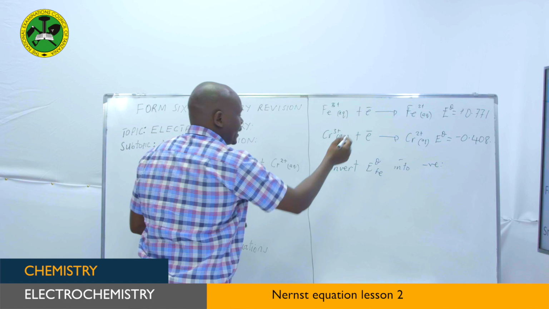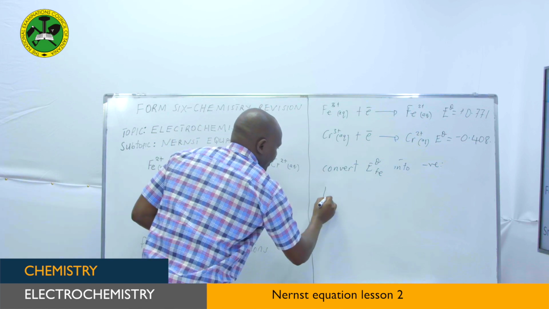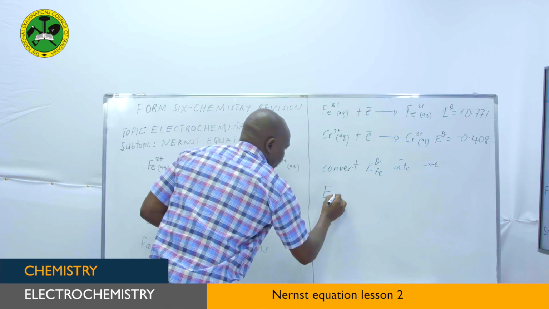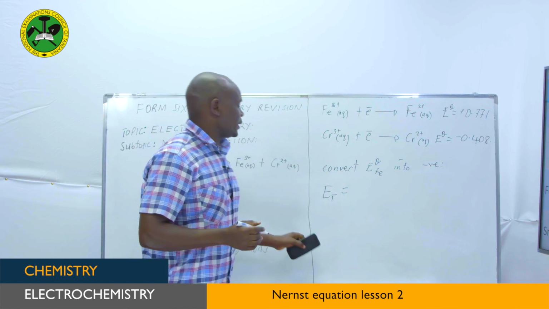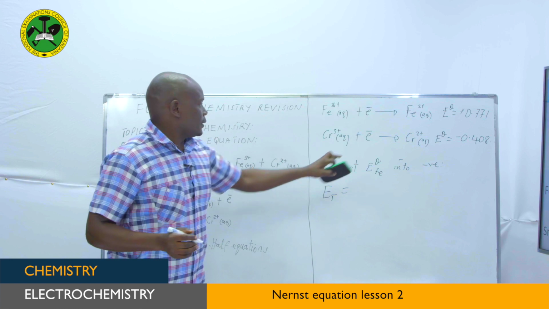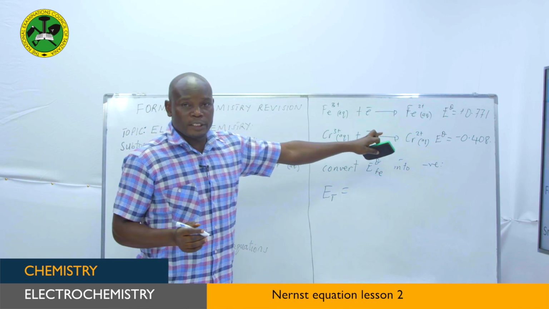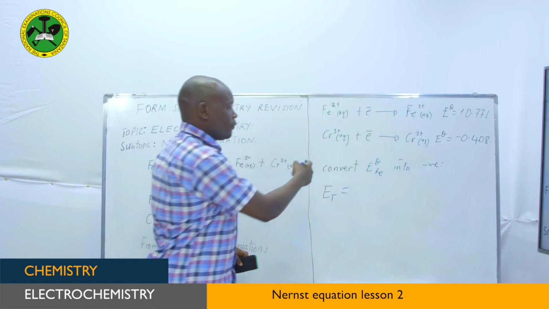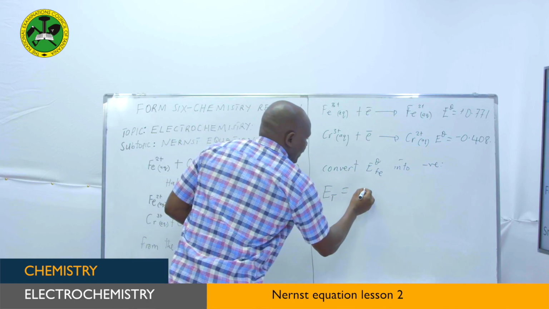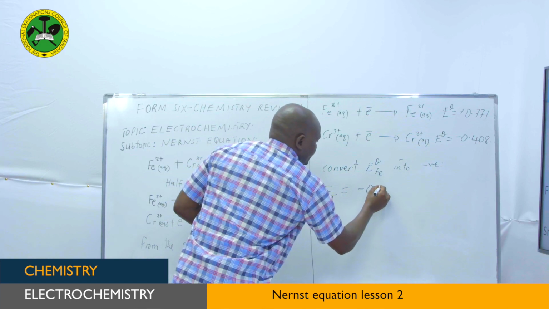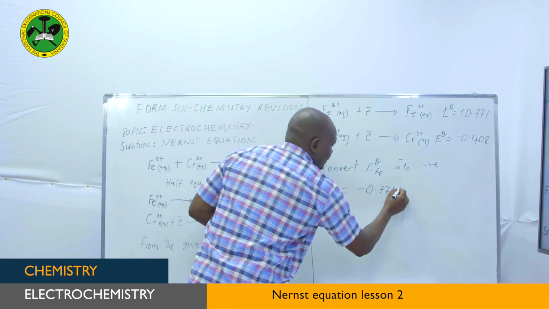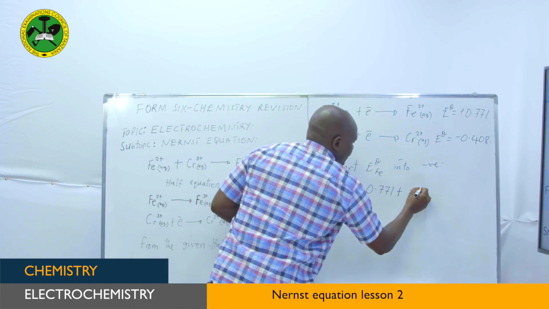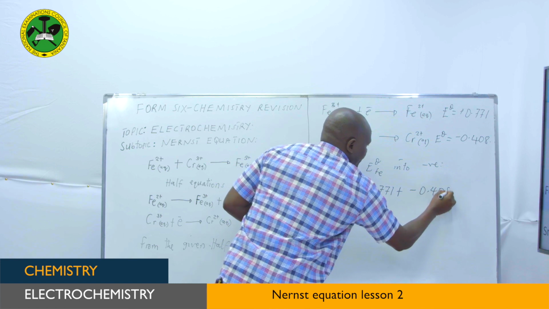So after conversion, you have to find out the E total. And the E total here will be the summation of the standard electrode potentials of the two half cells. So for iron it will be negative 0.771, then summation, that will be plus negative 0.408.